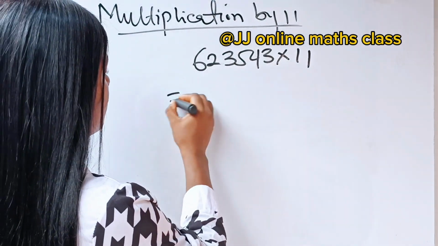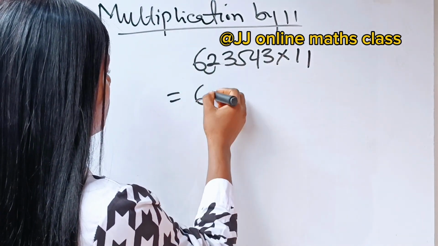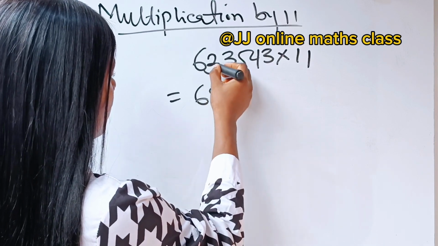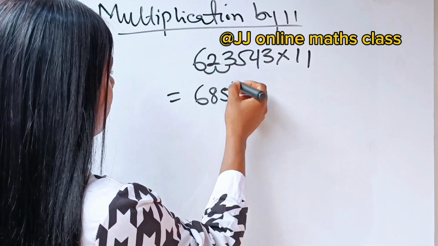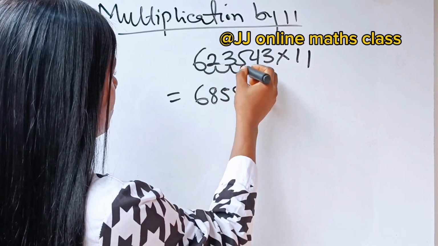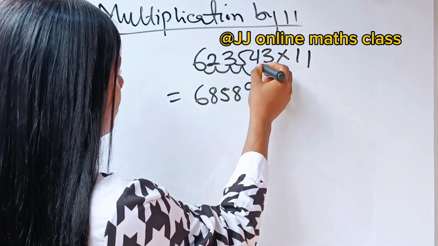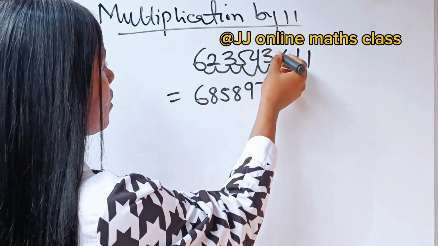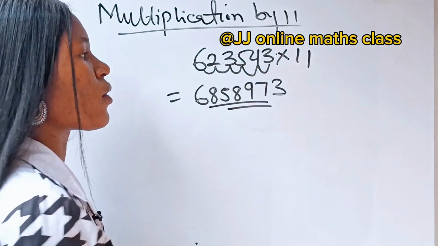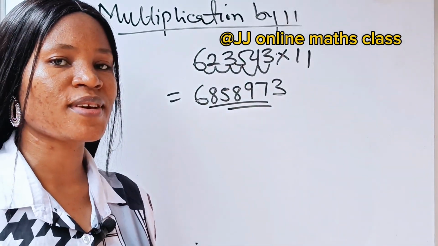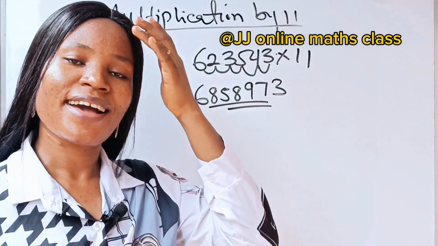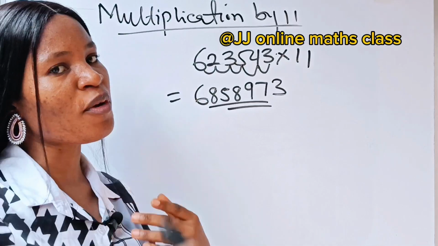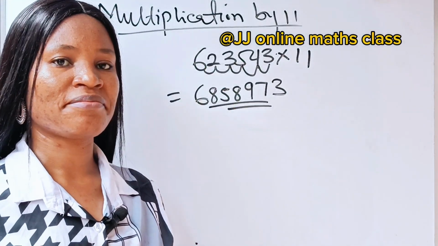You write your 6. 6 plus 2 is 8. 2 plus 3 is 5. 3 plus 5 is 8. 5 plus 4 is 9. 4 plus 3 is 7. Then repeat the last figure, which is 3. And this is definitely what you are going to get if you press that calculator, which I know that some of you actually pressed your calculator.